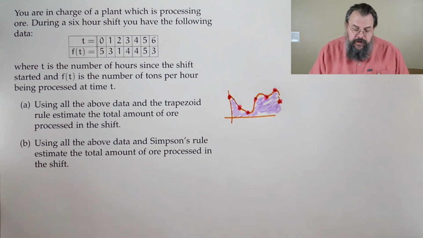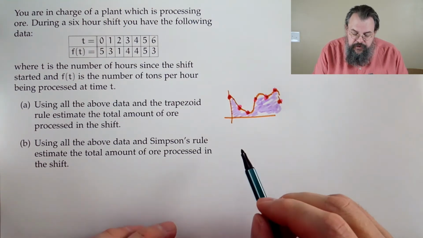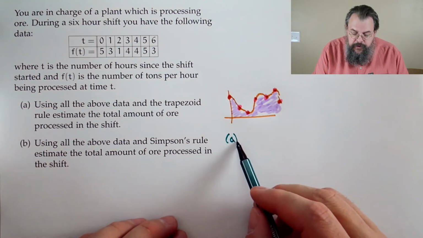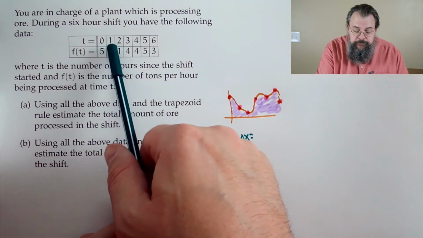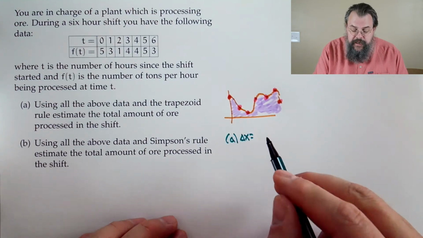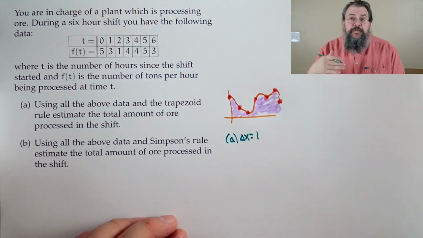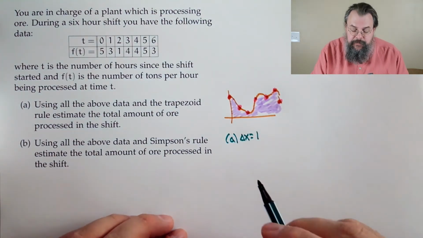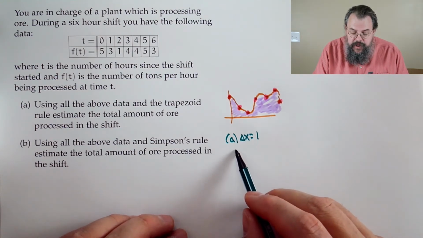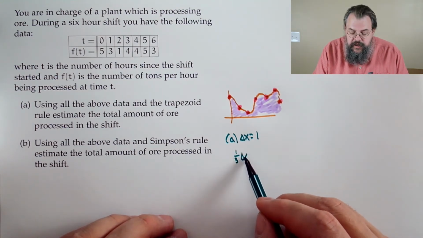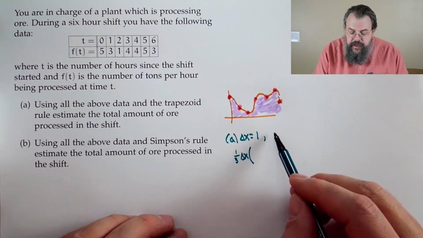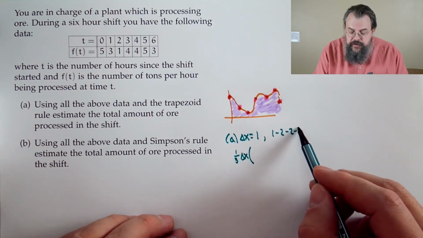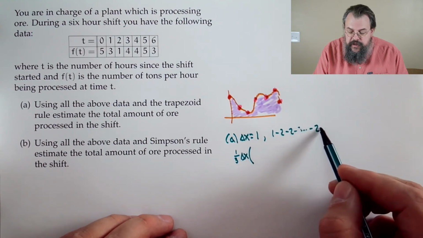All right, well, what do we have? Part A says the trapezoid rule. We know our delta x is 1, because we're going to use all the data, so our time steps are 1. Our formula would be 1/3 delta x times, and remember the pattern, a 1, 2, 2, and so forth to the end.